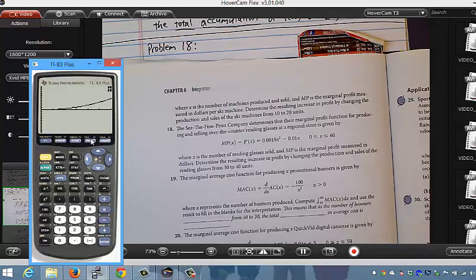If I hit second, calculate a value, 30. 1.05. 1.05 is the what? Let's interpret what's going on here.